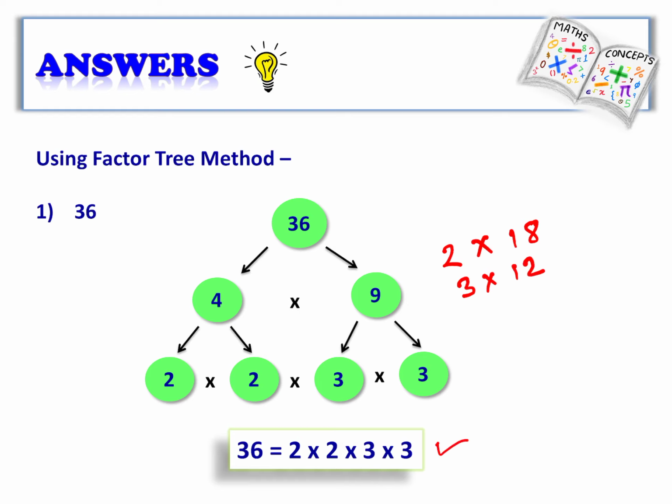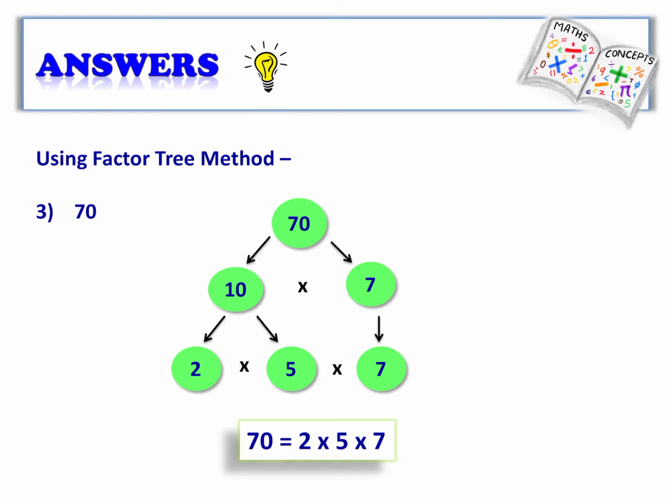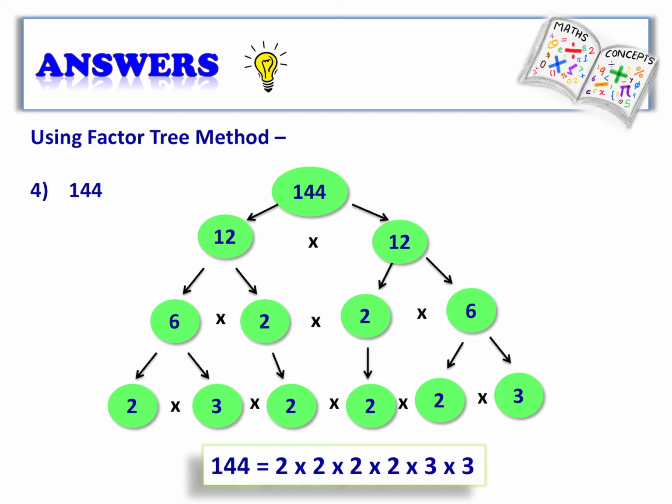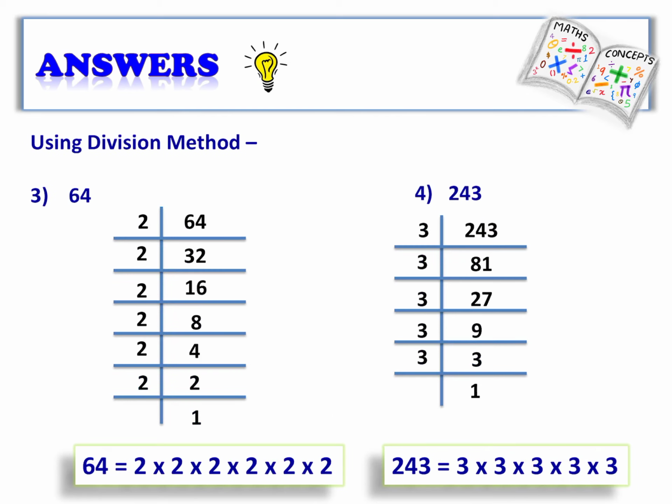Okay, it should be 2 into 2 into 3 into 3. Okay, next one is 48, prime factorization of 48, then 70, 144. Here is prime factorization of 45 and 126 using division method, and the next two examples.